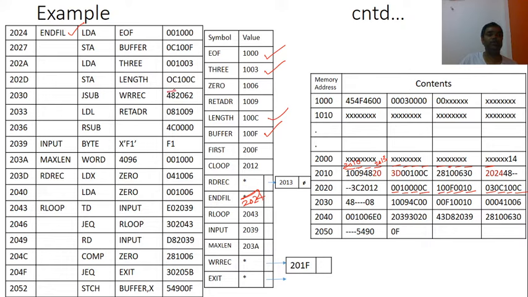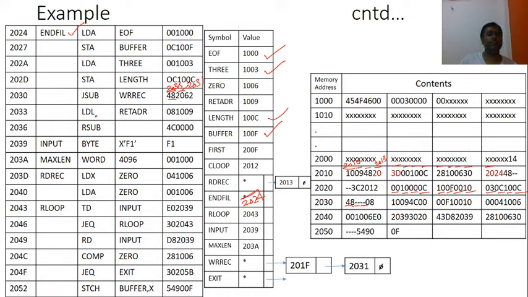So the address corresponding to 48 is 2030, and corresponding to 20 is 2031. So I require the value of WRREC at address 2031. So this list is maintained and 2031 is entered here. We can load only 48, so it is loaded here, and 2 bytes are left blank.